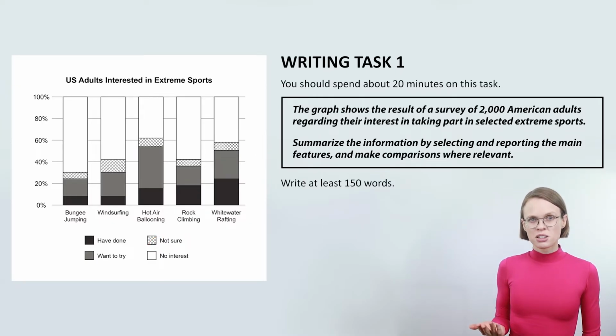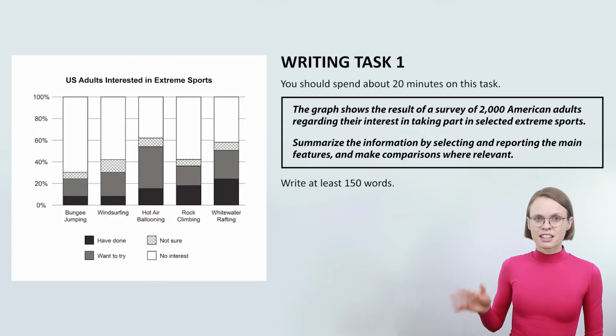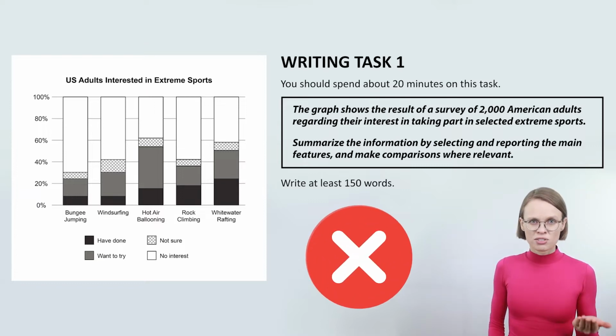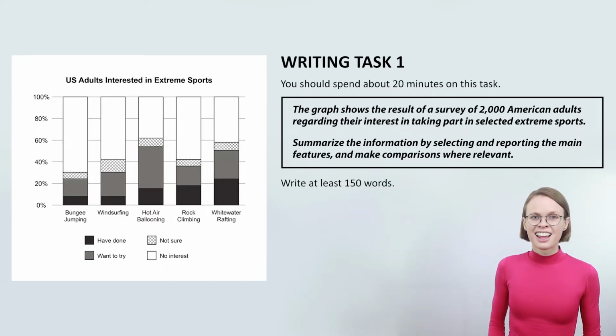It's better to look at definite yes and definite no. The no shows me a column that is very different from the others. Hot air ballooning. I wonder why. However, I do not offer a guess at the reason in my response because that's not answering the question.